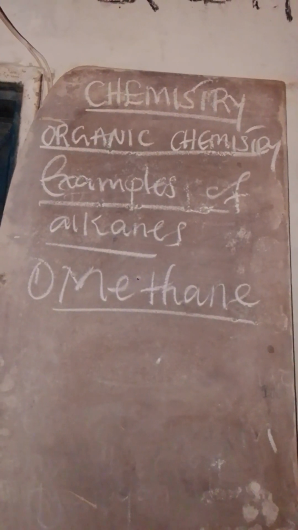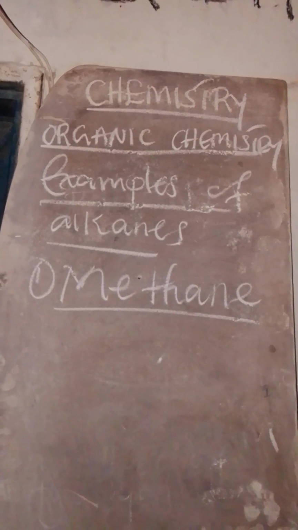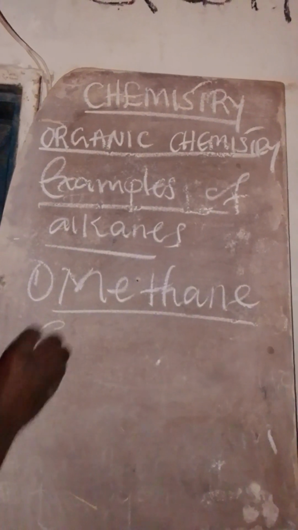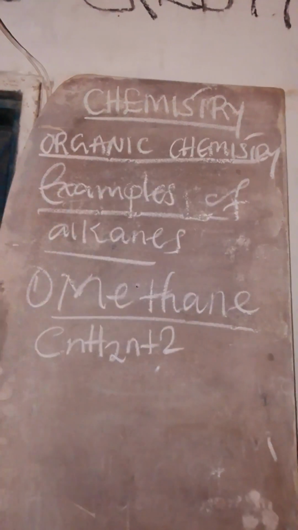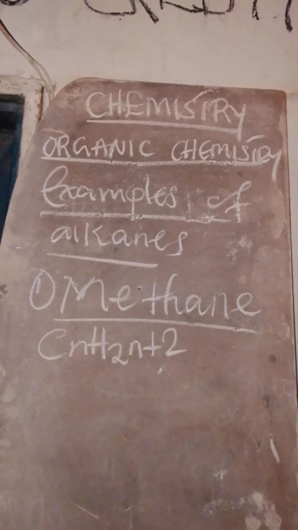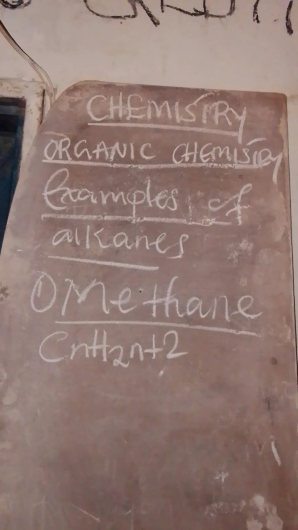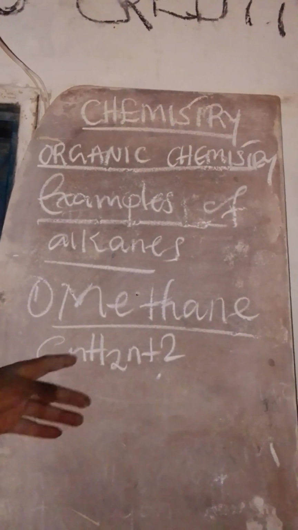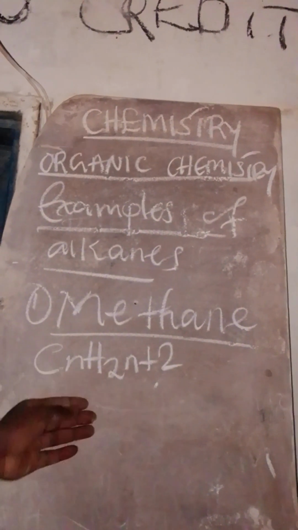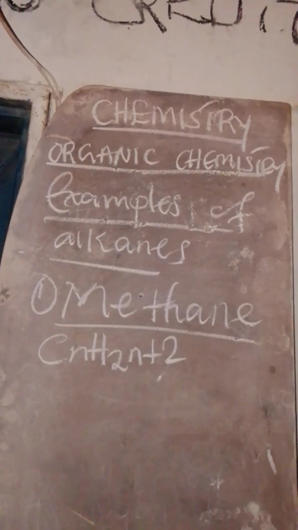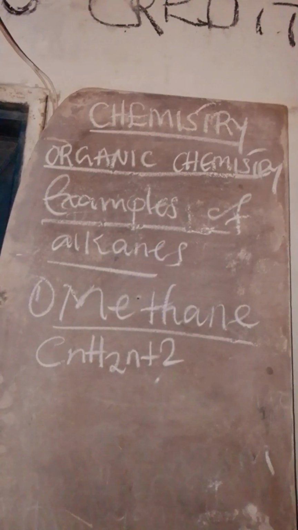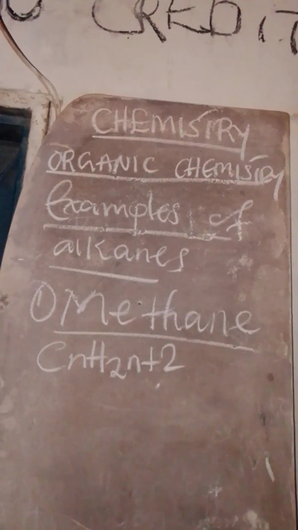When writing the formula for methane, we are going to use our general formula, CnH2n+2. Many of you might be confused about how we use this n. N represents the number of carbon atoms present in a compound.